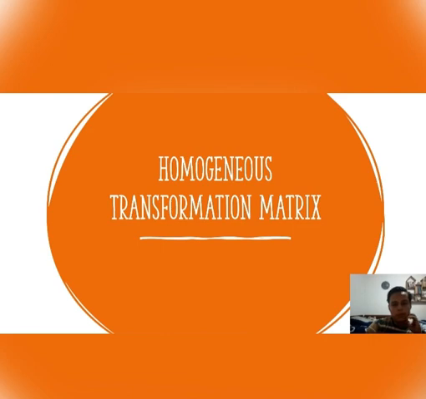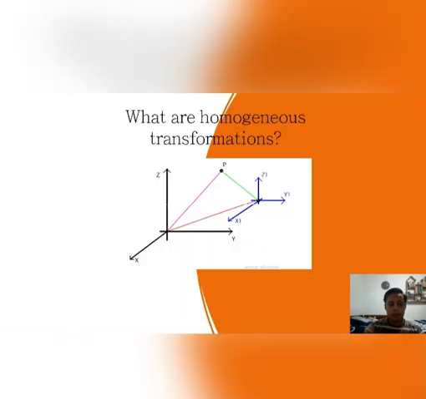Now we'll talk about homogeneous transformation matrix. The homogeneous transformation matrix represents the position and orientation of a rotated system and transfers it with respect to a big system.